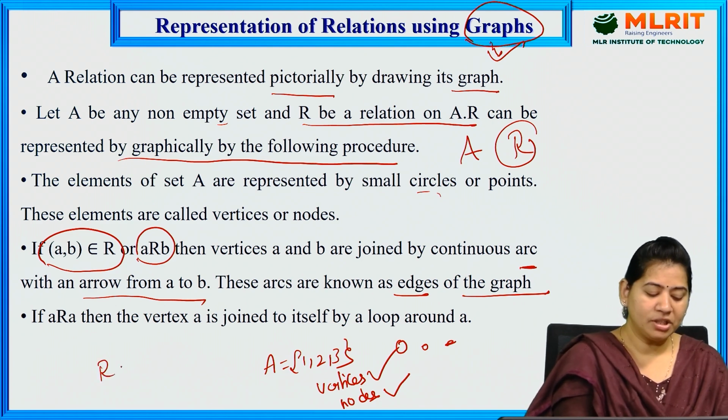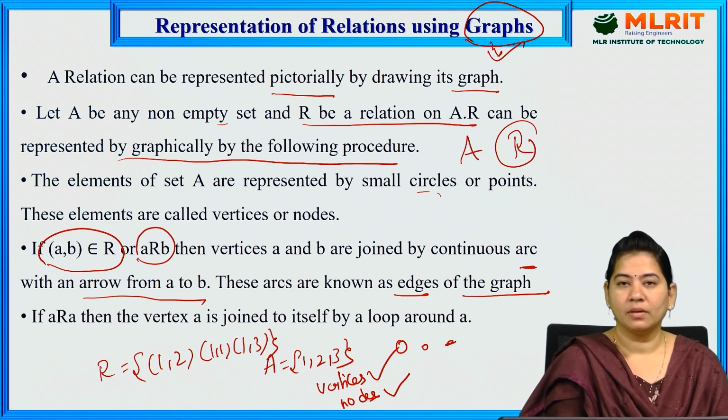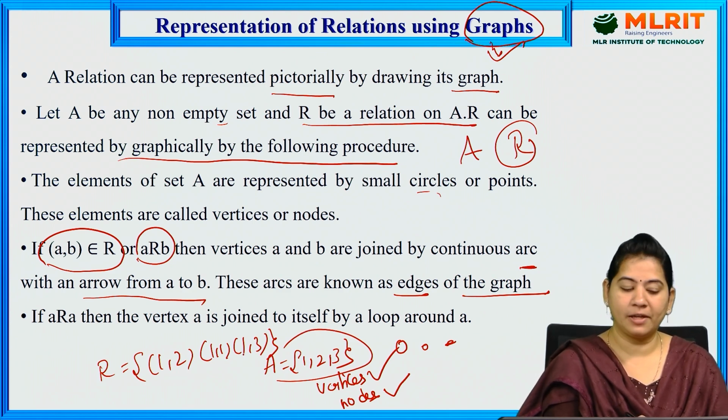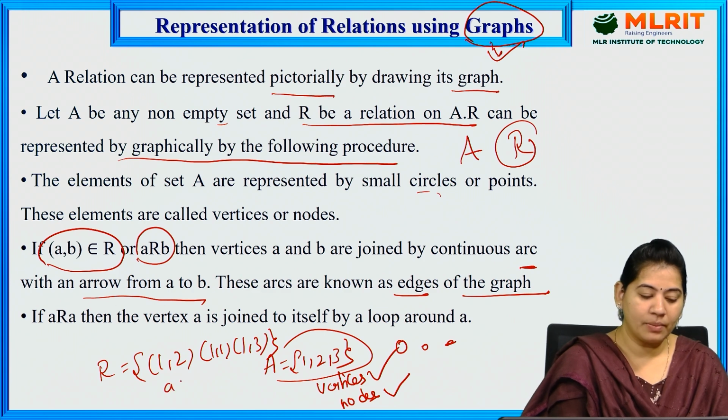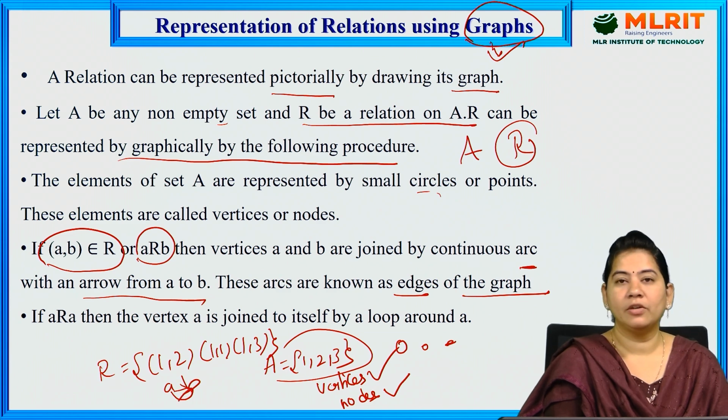But in the relation, they have given 1 comma 2, 1 comma 1 and 1 comma 3. Of course, so many are possible with A cross A, you will get the whole universal relation. But the relation given is 1, 2, 1, 1, 1, 3. What they are saying is, if A is in relation to B, then only we have to give the continuous arc between A and B.